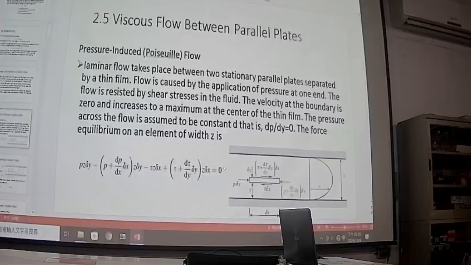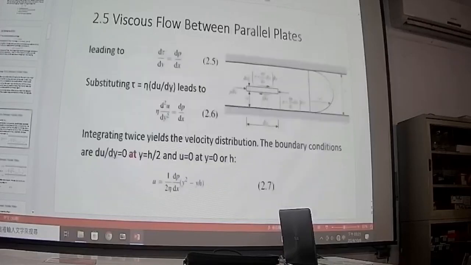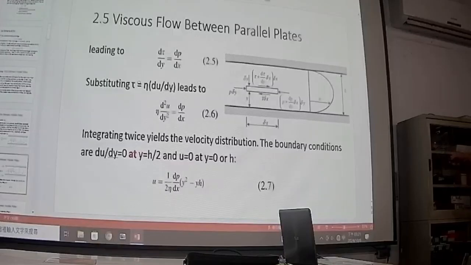So for this one, you can summarize it to this one. And you substitute the shear stress tau by this Newtonian fluid equation.